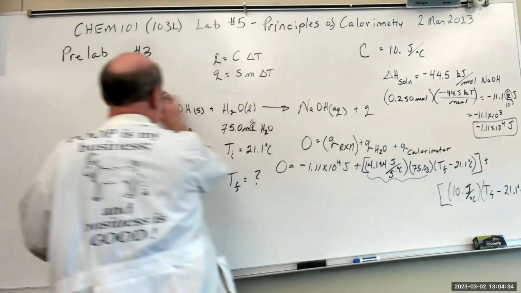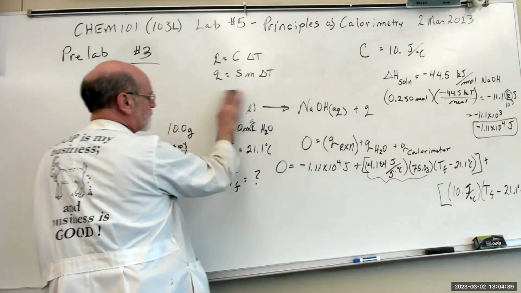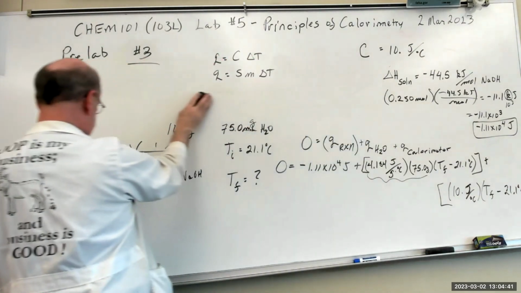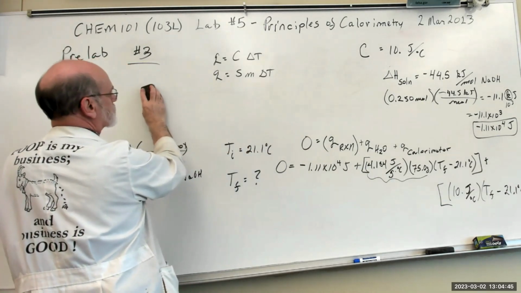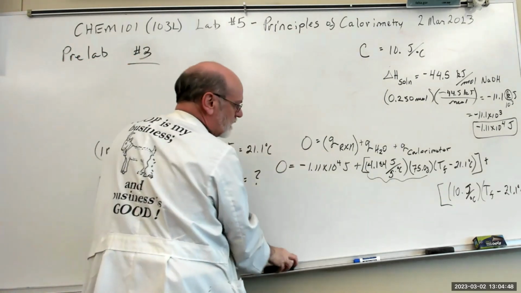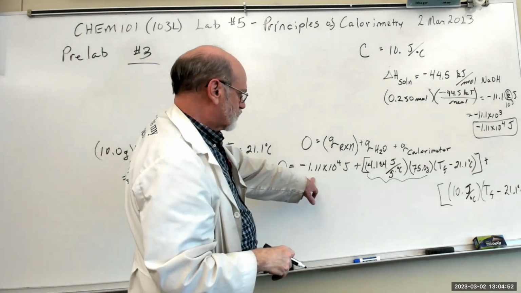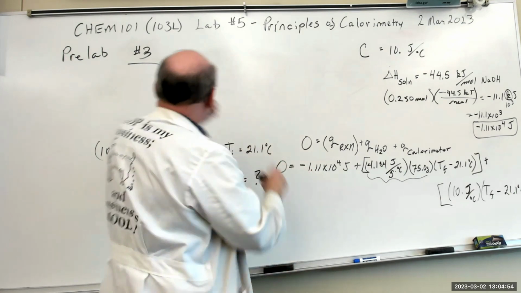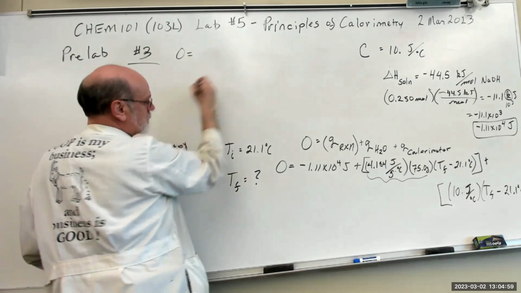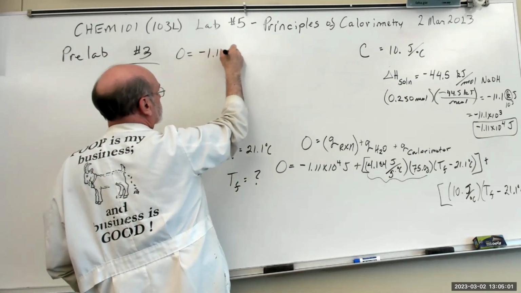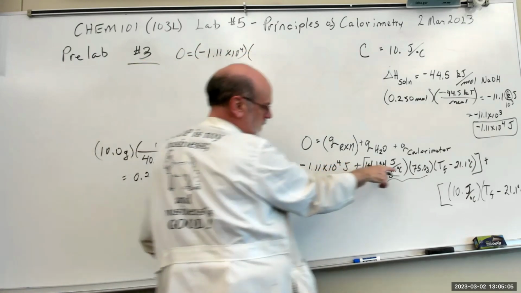Okay. So I'm going to erase some of this. Not with that one, this one. So that we can do some ciphering. So let's do it this way. 0 equals minus 1.11 times 10 to the 4th. And then expand this one.